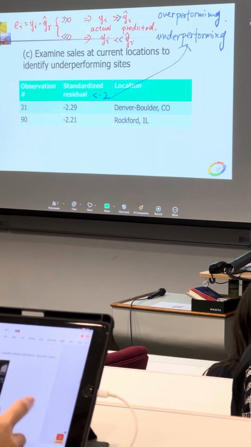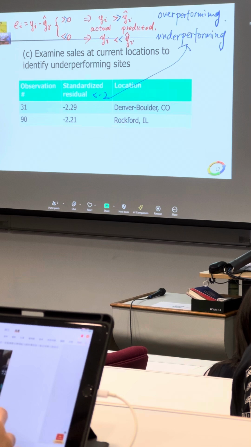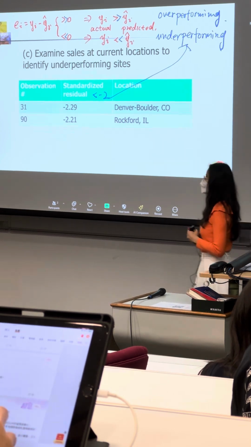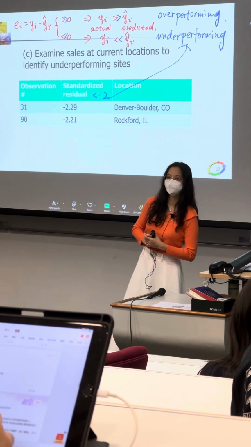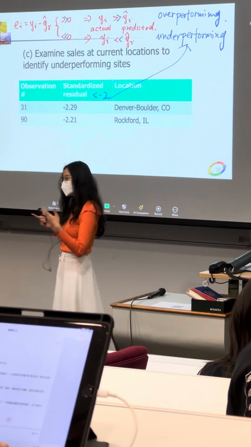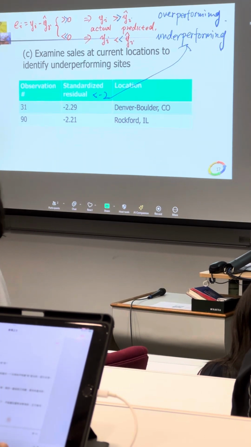So how about the overperforming sites then? For the overperforming sites, we can use them as role models. Of course, you can also identify the population characteristics in the related cities of those pharmacies.